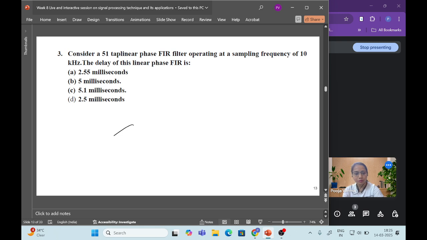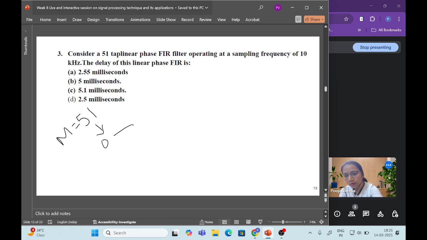Okay, so actually my pen is not working correctly, so that's why I'm not able to write. So I'm trying. Okay, so for the linear phase FIR filter, M is given as 51, so that means it is an odd number of taps.